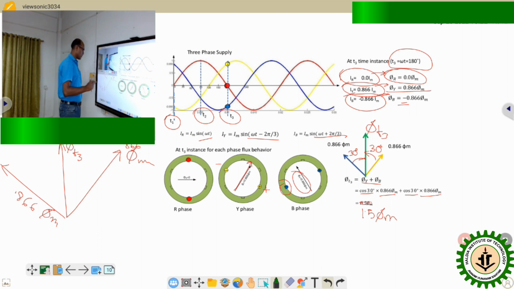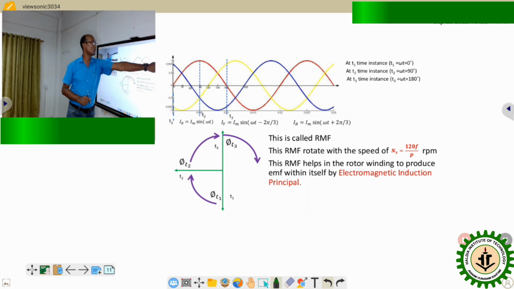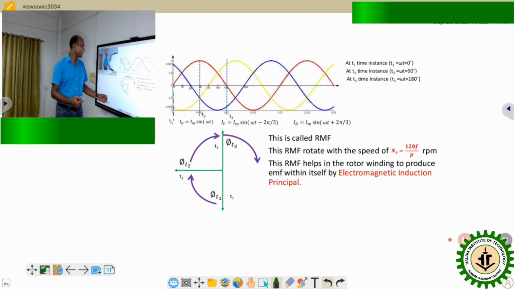At t1, where omega t equals 0, the resultant flux, phi t1, the flux generated due to the t1 time instant, is downward, and its magnitude is 1.5 times phi m.